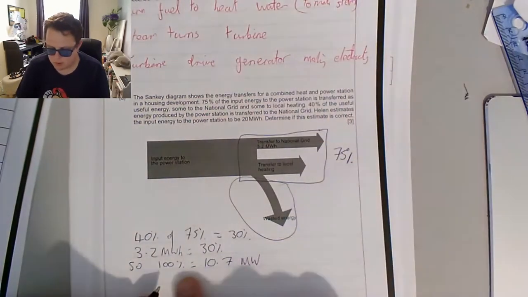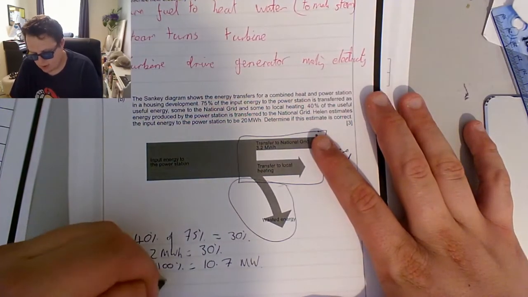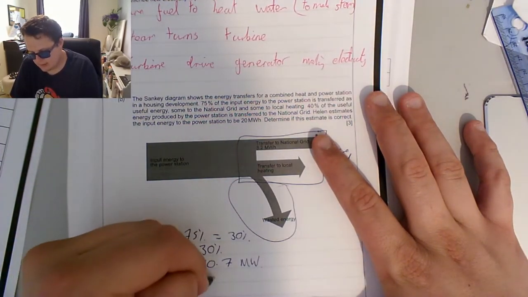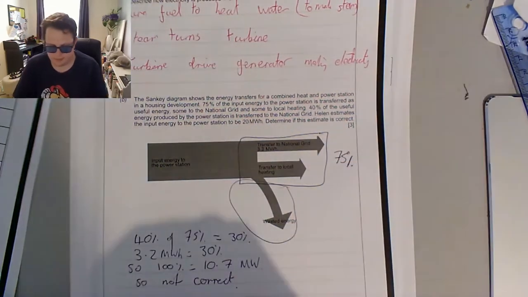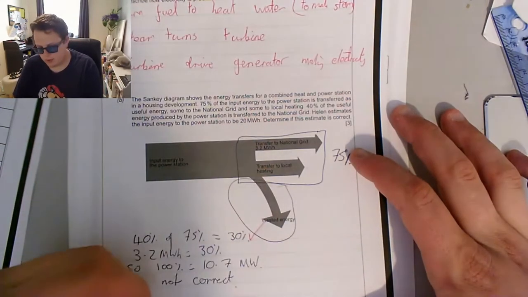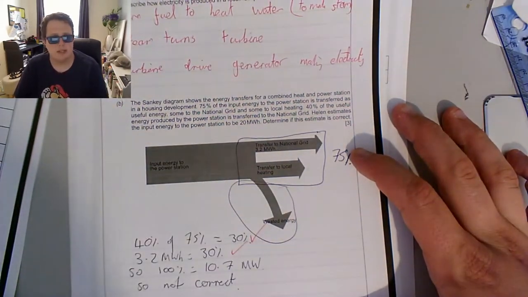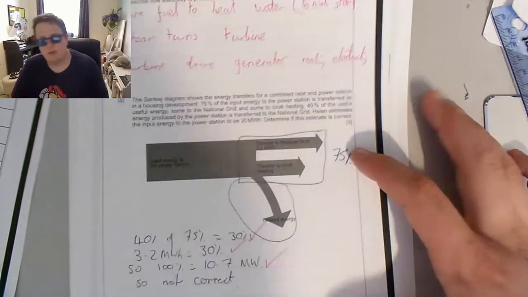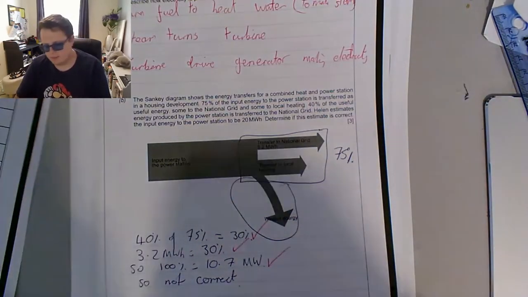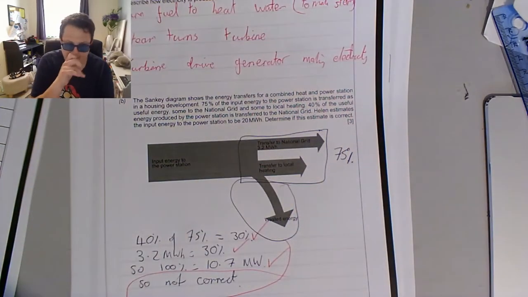So the input power is actually 10.7. So not correct. Now in terms of the marks here, 1 for the 30%, 1 for realising, well 3.2 is 30%, 1 for the working out the 10.7, but again you only get this final mark if you've written she's not correct.